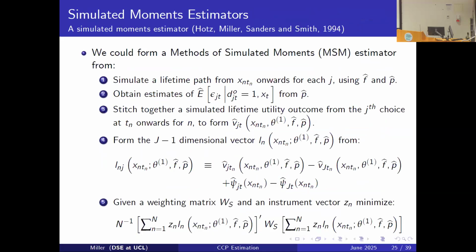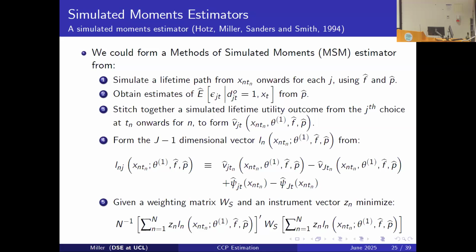Yet another way, you could use a simulated moments estimator. And in this case, what we'll do is just say, okay, why don't we just simulate the x forwards using the f and the p and a given action. And the reason it's worthwhile pointing this one out is the following.